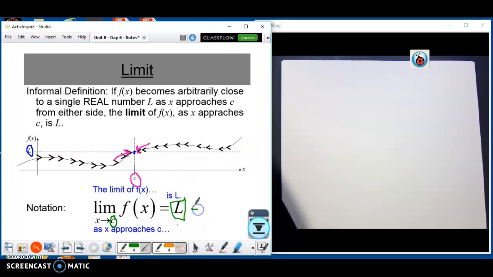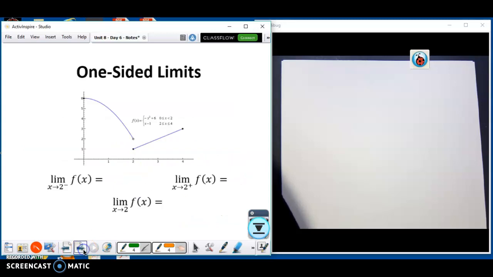So your answer to these problems should always be a y value. It's not very neat, but it should be a y value. So the limit as x approaches some x value c of our graph is always equal to a y value. This was coming from the left, this was coming in from the right.